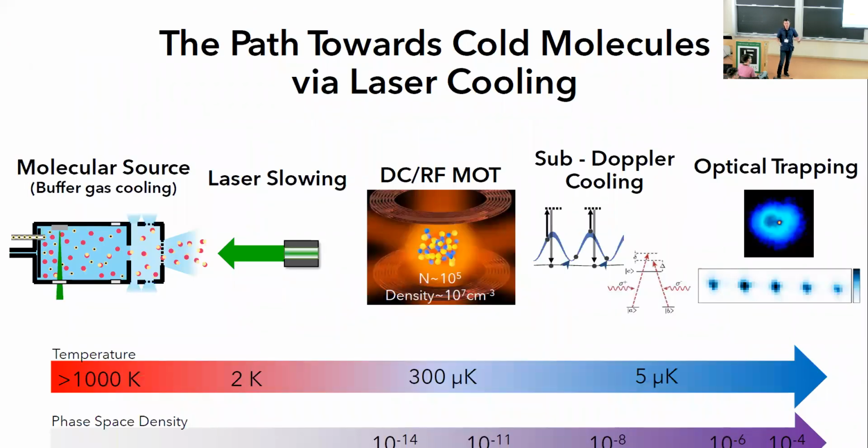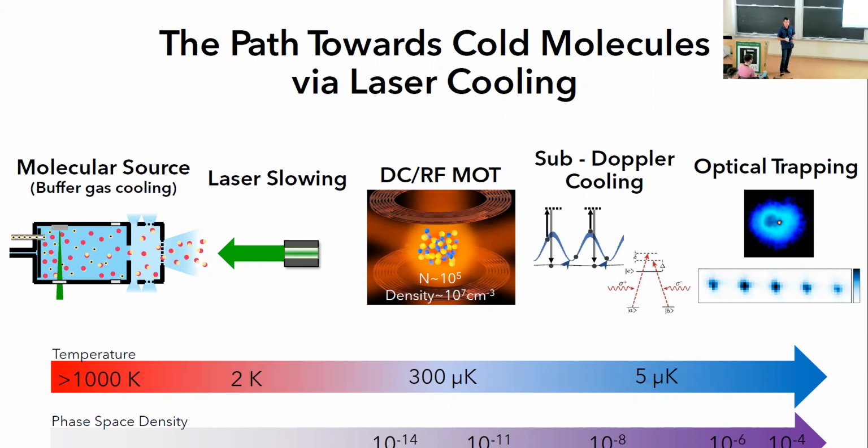So how do we actually go about laser cooling and producing these molecules? Well, the pathway is shown here. We begin with a molecular source where we create these molecules at high temperature in an ablation source. Then we use buffer gas cooling to cool down both the external degrees of freedom as well as the internal degrees of freedom of these molecules down to cryogenic temperatures.